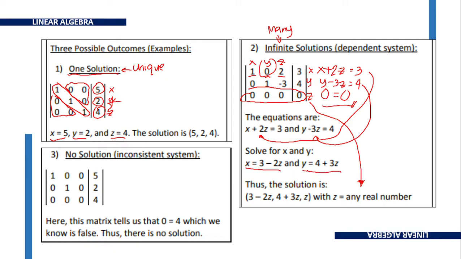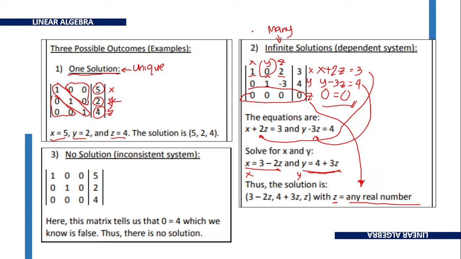Same process lang din dun sa ginawa natin before, na magle-let lang tayo ng value ni Z, any real number. Then, substitute lang natin dito sa X and Y, para makuha natin yung value ng X at Y. Then, saka natin i-substitute yung mga value makukuha natin dun sa mga given equations for checking.